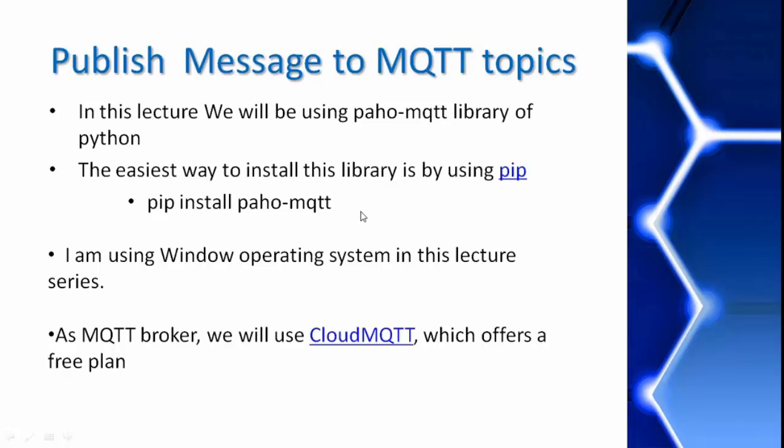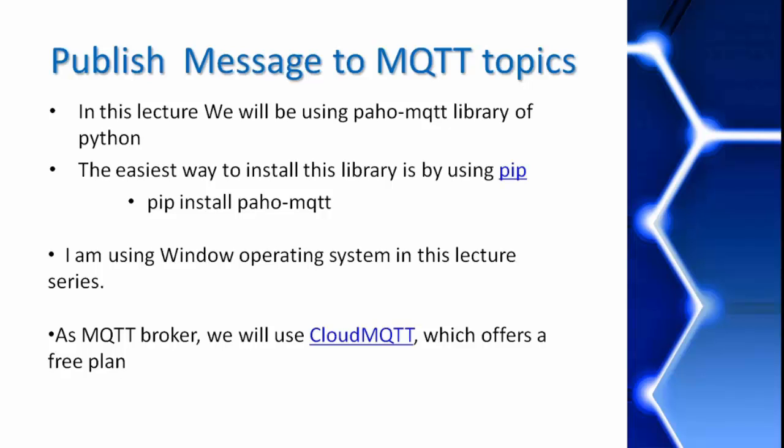The main ones are the connect method, disconnect method, subscribe method, unsubscribe method, and publish method. These are, as we have also seen, the commands in MQTT.